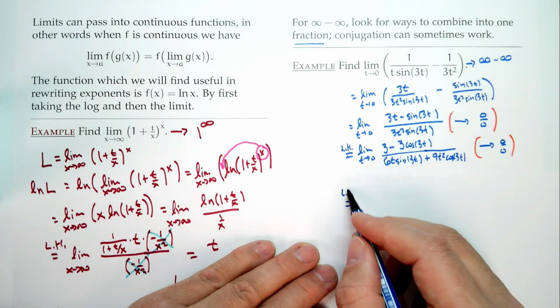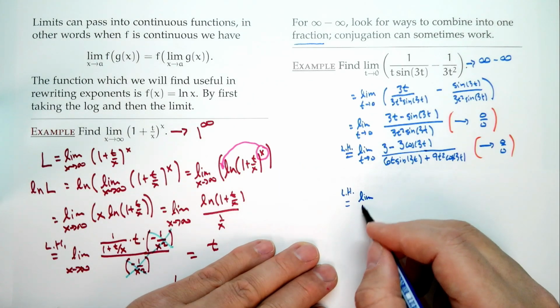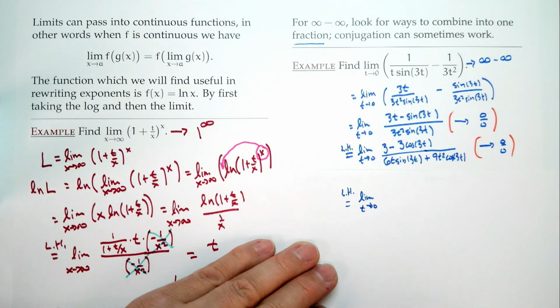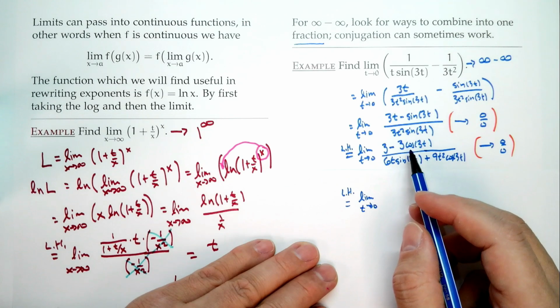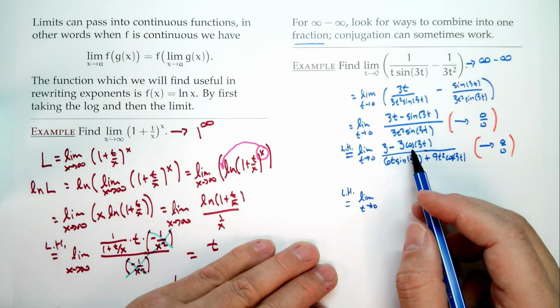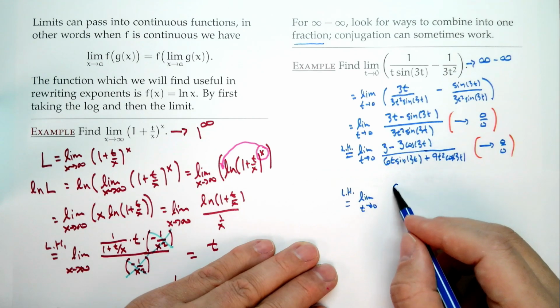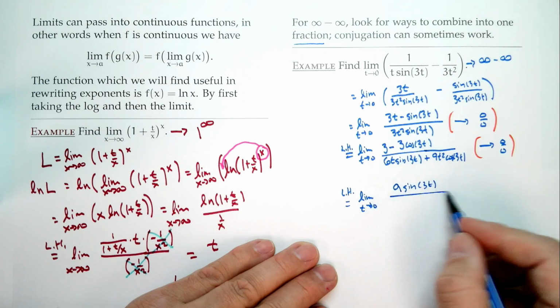Whenever we see a 0 over 0, l'Hopital again. So that becomes a limit as t goes to 0. Upstairs, what do we get? Well, the derivative of cosine is negative sine, so we're going to get 9 sine 3t. Downstairs, what do we get?